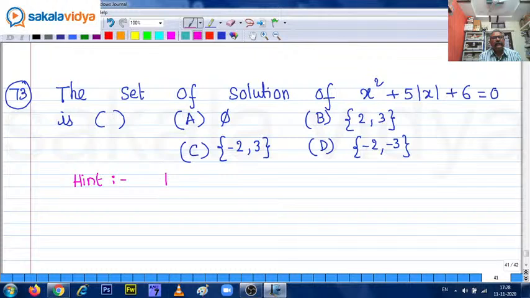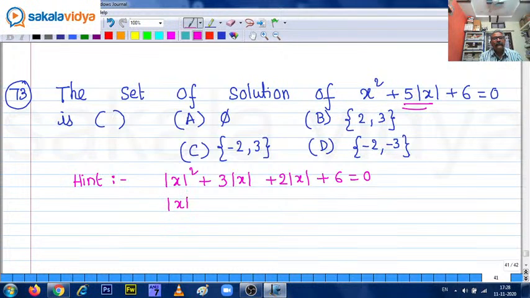This x square we can write as mod x whole square. This can be written as mod x whole square plus 3 mod x plus 2 mod x plus 6 equals to 0. So mod x common, we have mod x plus 3, plus 2 common, we have mod x plus 3 equals to 0.